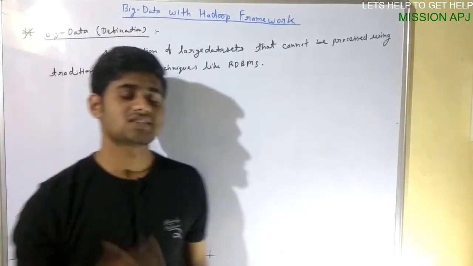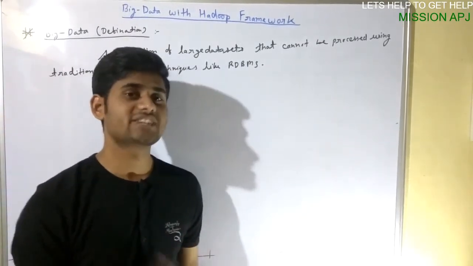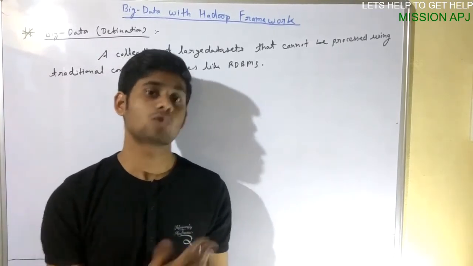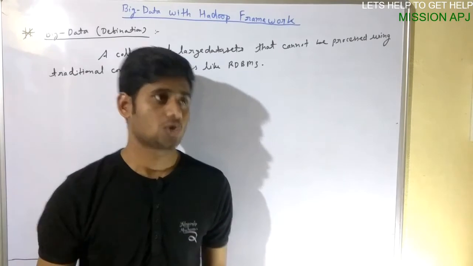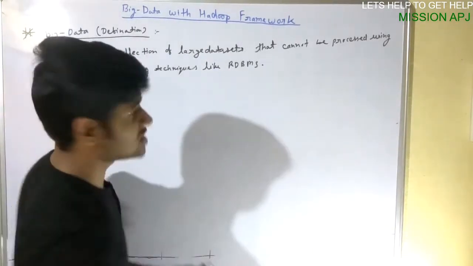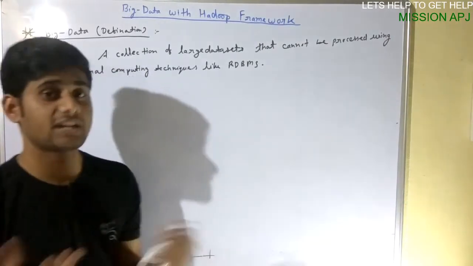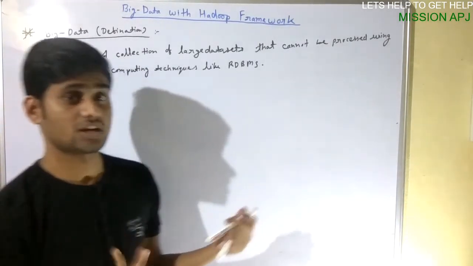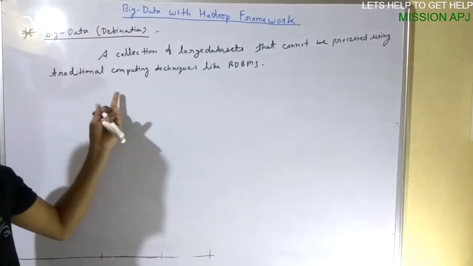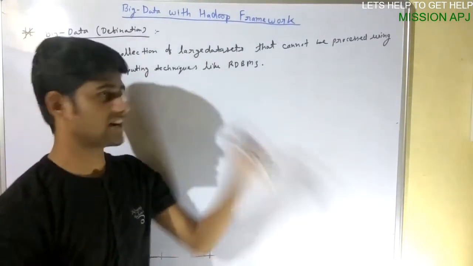So RDBMS is unable to deal with trillions of data, process it and give the output on a local machine.